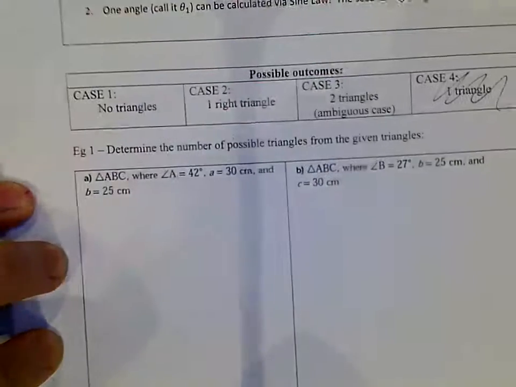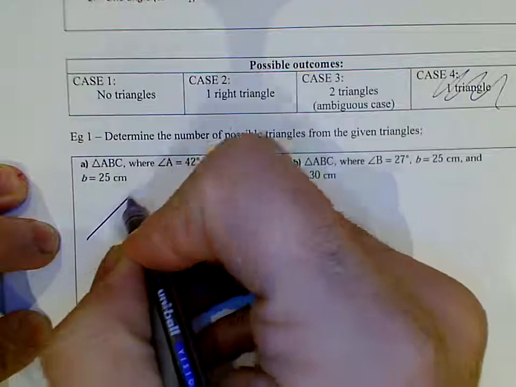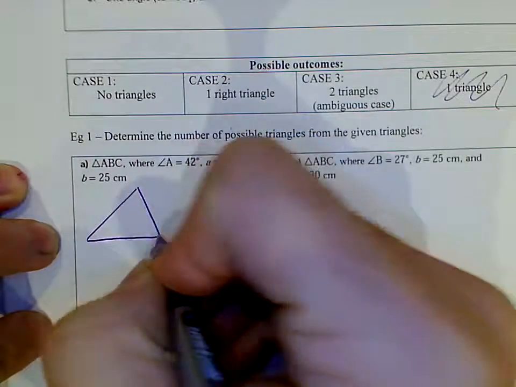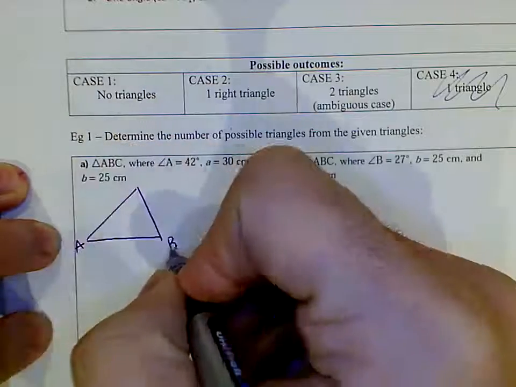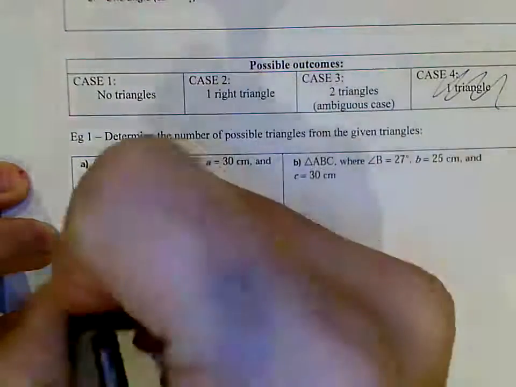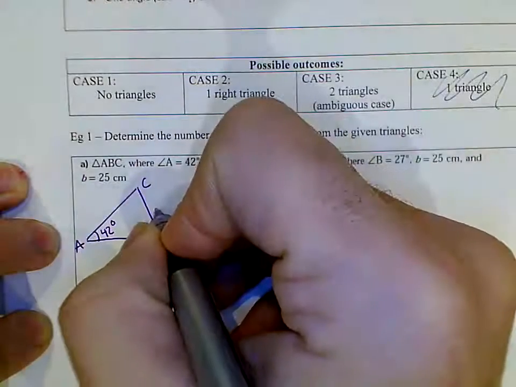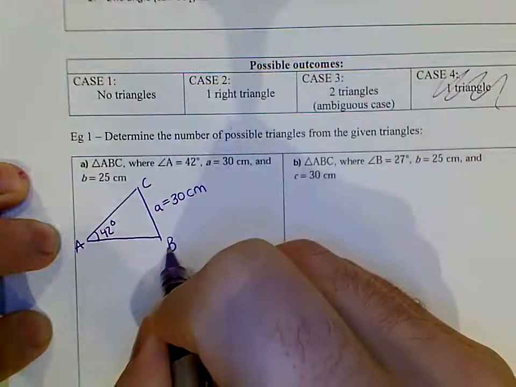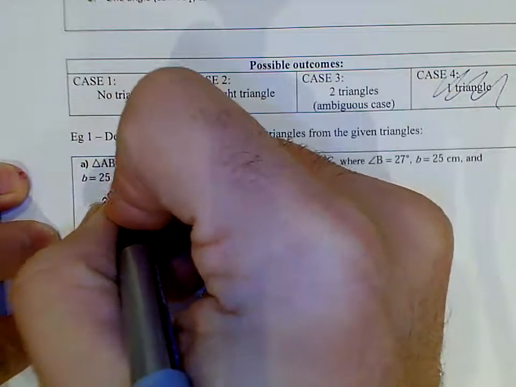So why don't I just draw potentially what we have here? So this is A, we can call this B, that's C. Angle A is 42 degrees. Side a is 30 centimeters. Side b is 25 centimeters.